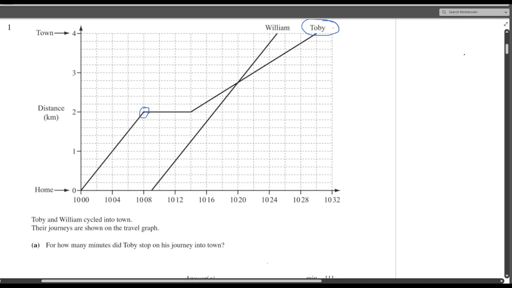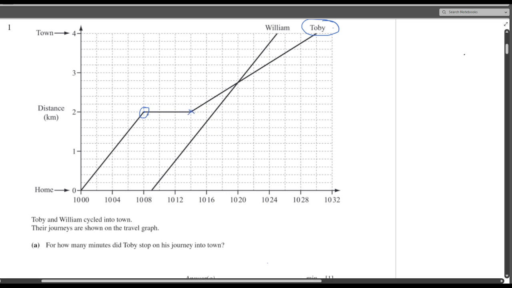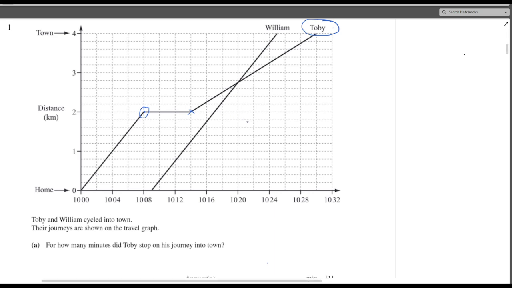At this point we can see that he is at a distance of 2 kilometers. Now from time 10:08 to time 10:14 we can see that the distance is not changing. As the distance is not changing, we can say that he is at rest, he is not moving.